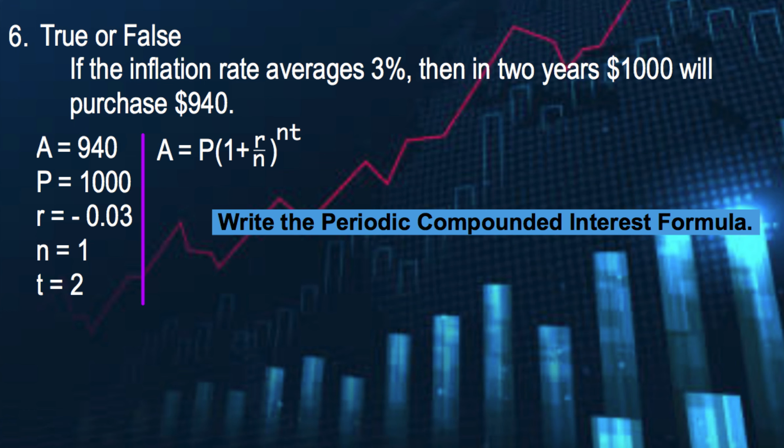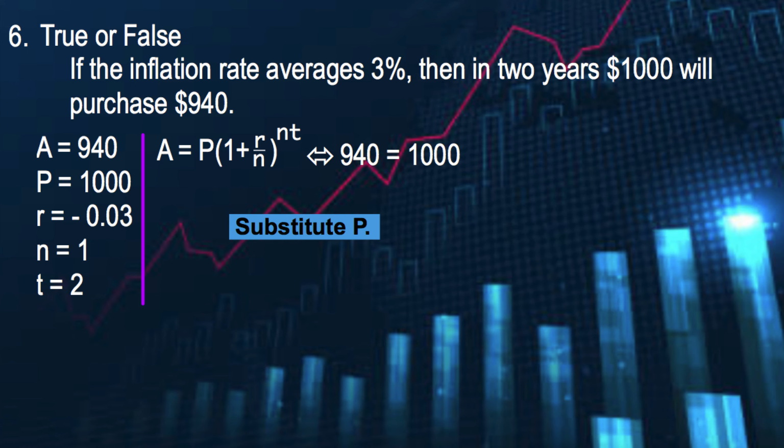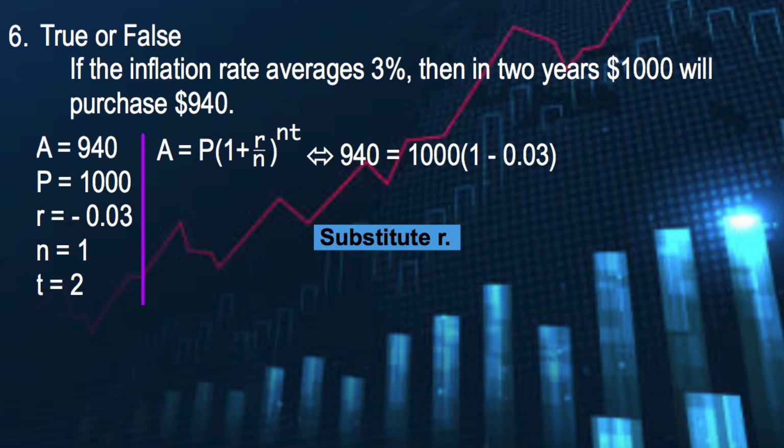Let's write the periodic compounded interest formula. Substitute A, 940, equals substitute P, 1,000, times 1 minus 0.03. Negative 0.03 is our R. And it was supposed to be over 1, but we don't even write that. Everything raised to R and T, 2 times 1, which is 2.